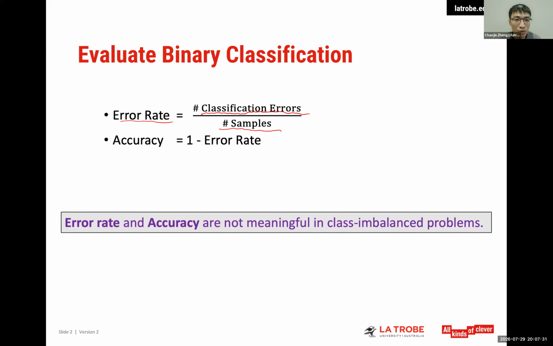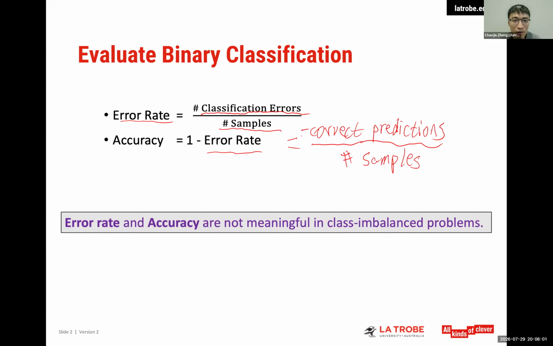And 1 minus the error rate is the accuracy. Or we can count the correct predictions and divide by the number of samples. That is another way to write the equation, and they are totally equivalent. So we now know how to calculate the error rate and the accuracy.